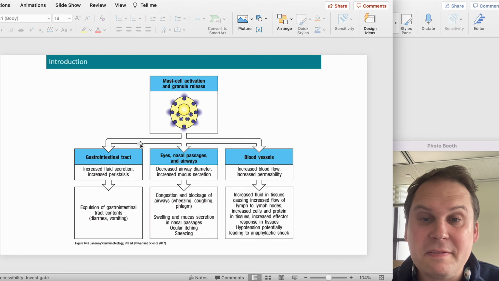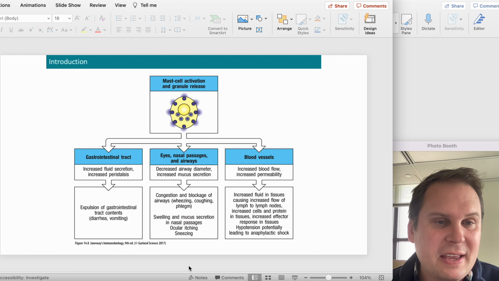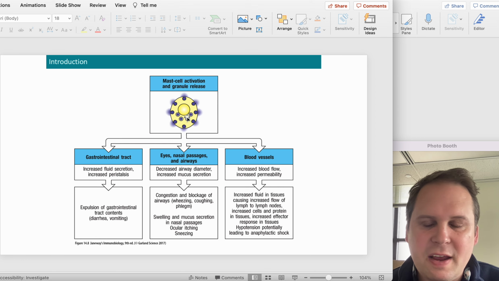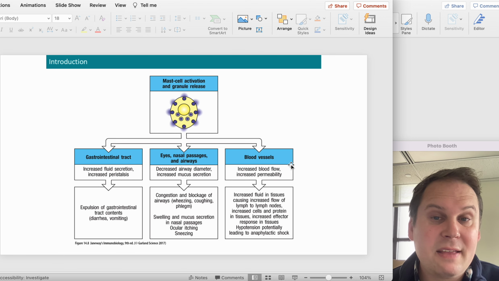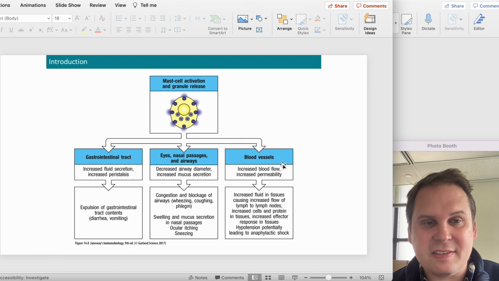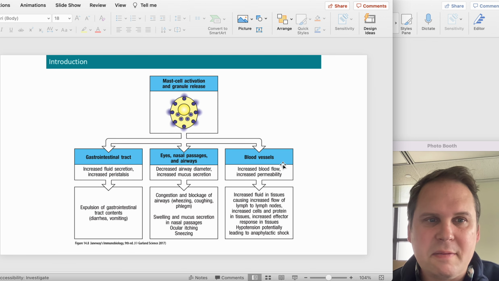Yeah, all that allergy stuff that's happening in your eyes, nose, and airways can be driven by mast cells, and they can lead to constriction of the airways, increased mucus secretion, swelling, wheezing, coughing, etc. And it will also potentially have an effect on the blood vessels, because you can get allergens into the bloodstream via various pathways.